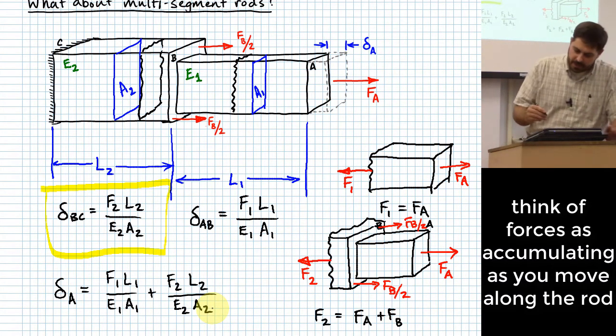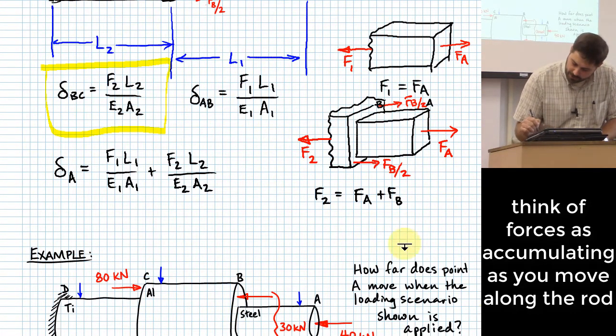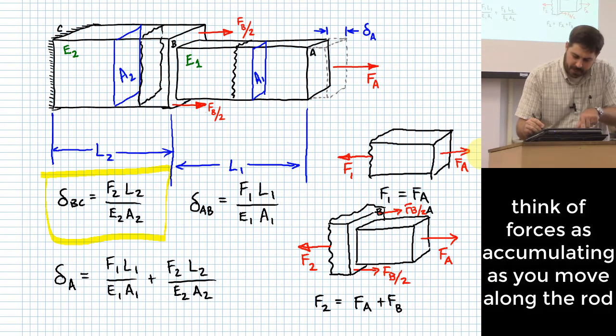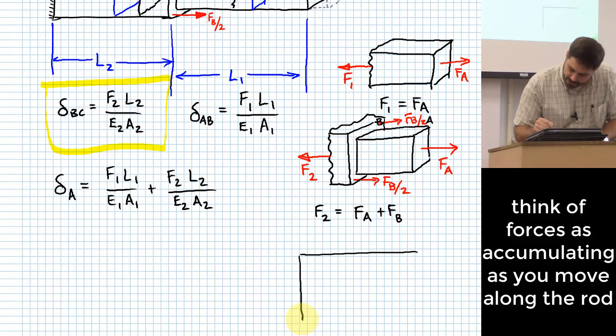Yeah, so think of it this way. What if we do make a cut right here at B and just draw a free body diagram of segment BC? So here's just segment BC all by itself.